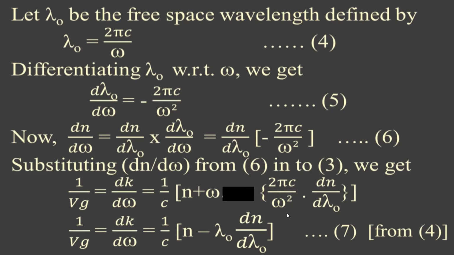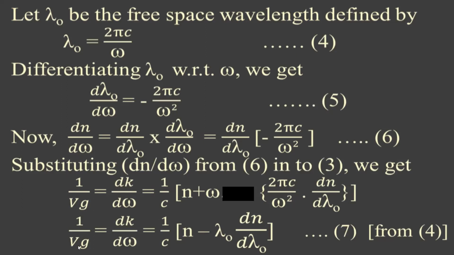From equation 4, it is lambda naught. So that is substituted after cancelling this 1 omega with this 1 omega. And dn by d lambda naught you write as it is. I have corrected the minus sign that was left out.